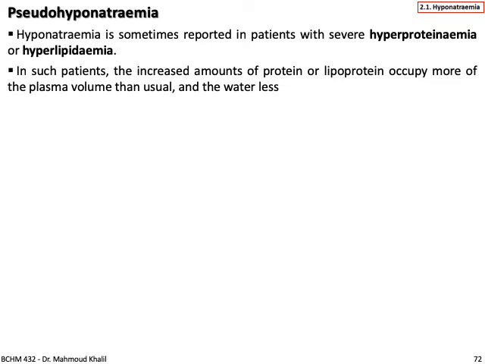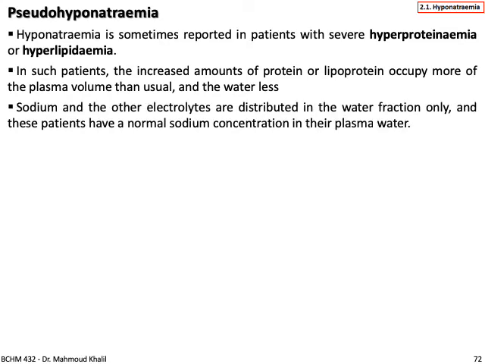In such patients, the increased amount of protein and lipoprotein occupies more of the plasma volume than usual, and the water less. So sodium and other electrolytes are distributed only in the water fraction, and these patients have a normal sodium concentration, although the test will show less sodium concentration because the other volume of the blood is occupied by the high protein and the high lipid.